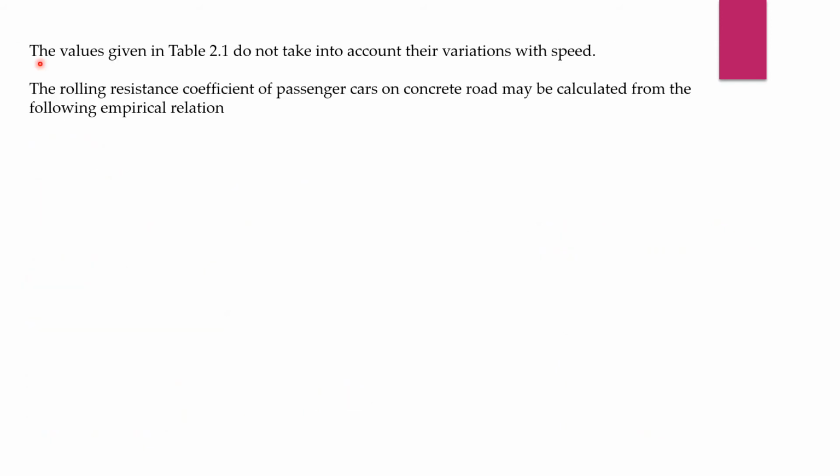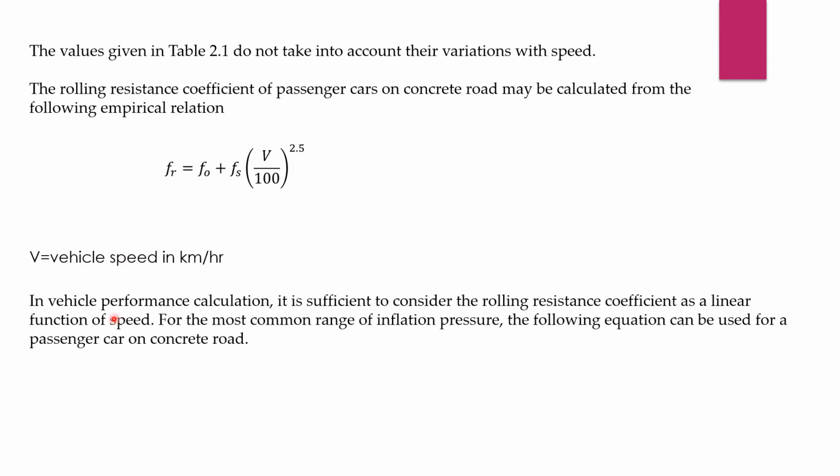The values for rolling resistance coefficient do not take into account their variations with speed. The rolling resistance coefficient of passenger cars on concrete roads may be calculated from the following empirical relation: Fr equals F0 plus Fs times (V/100) raised to 2.5, where V is the vehicle speed in km per hour.